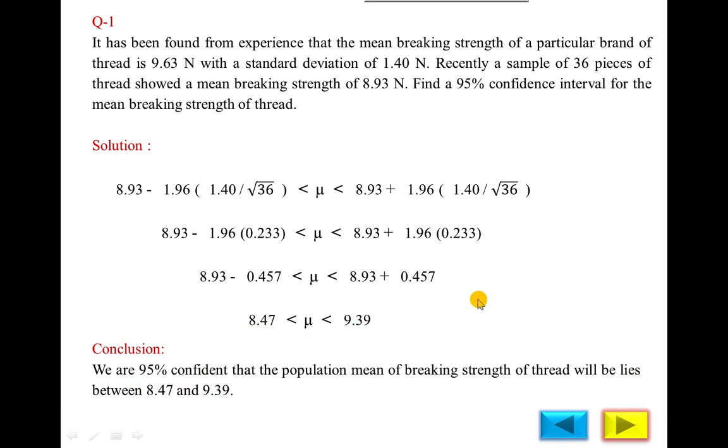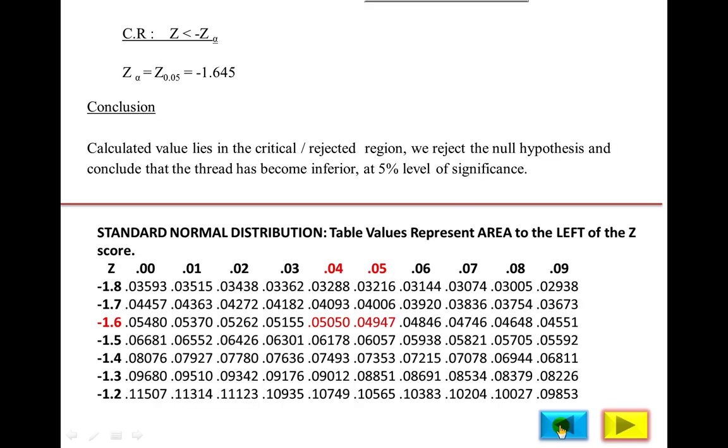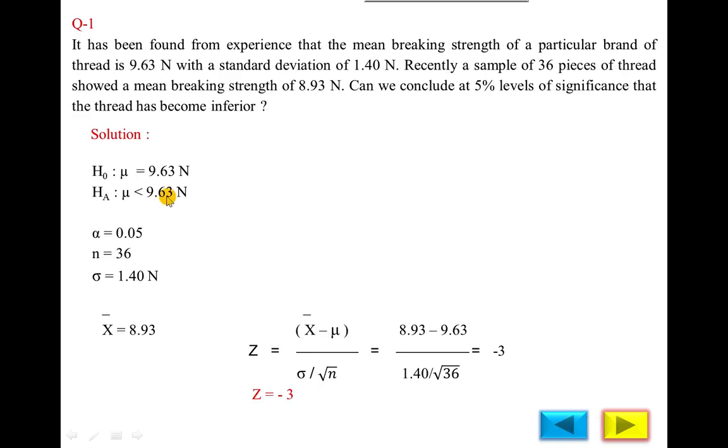From this you can also observe the population mean 9.63 does not lie in this interval, it is outside the range, and you rejected the same data in the previous topic in testing of hypothesis. Reject the null hypothesis, meaning the thread has become inferior, outside the range.